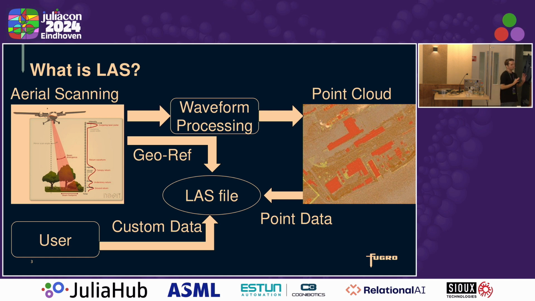There's some processing from that waveform that I won't go into that produces your point cloud, which is a set of three-dimensional points that each have attributes associated with them. You take your point data and you can also attach georeferencing information from the plane, as well as some custom user data, things like dataset labels, and you pack that all up into a LAS file.